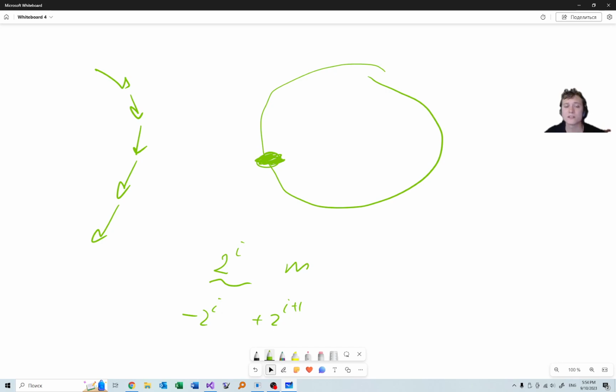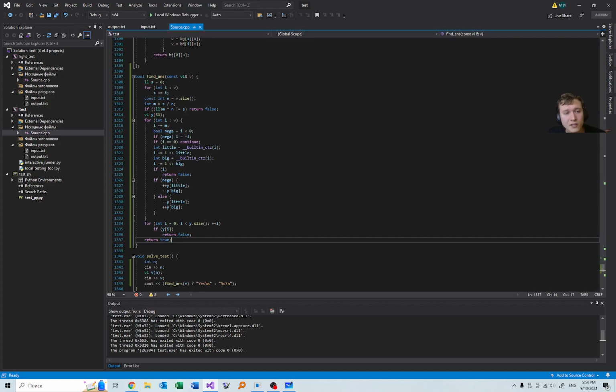Yes, let's try it. So we also store the information about how much we subtracted one and added one. Like sub 31 and add 31. Like this.